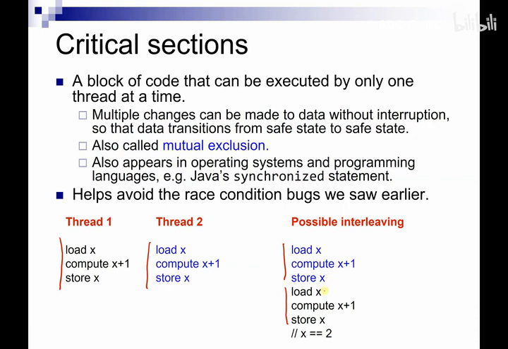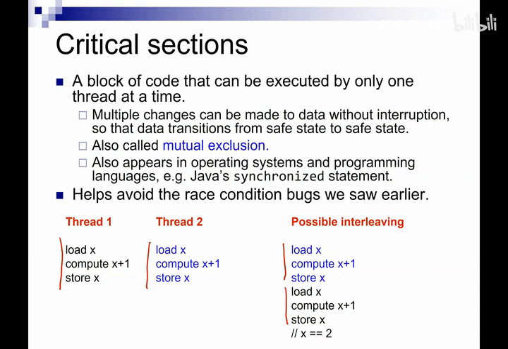Then thread 1 reads x as 1, increments it, and stores 2 back into x. Even if thread 1 goes first, so the black operations happen first and then the blue ones, you would still have x equal 2 at the end. As long as all three operations happen together without interruption from any other threads, the program is going to work correctly.